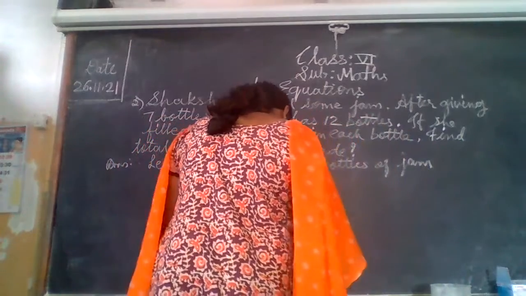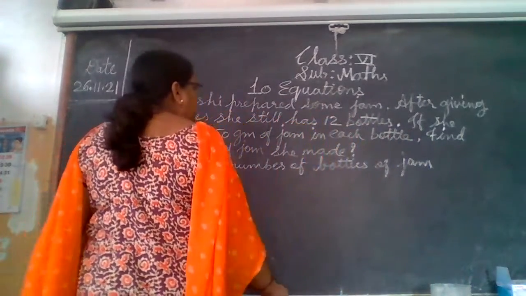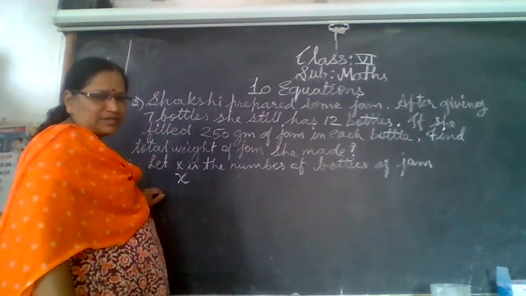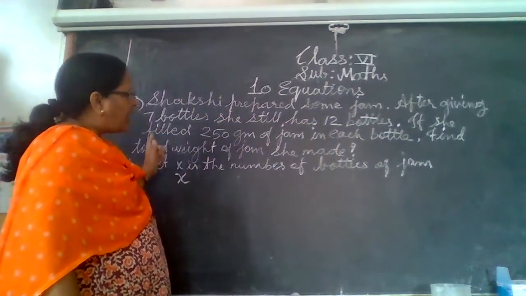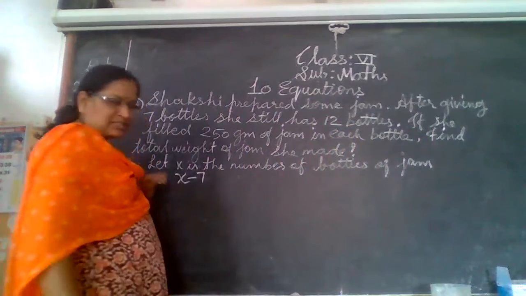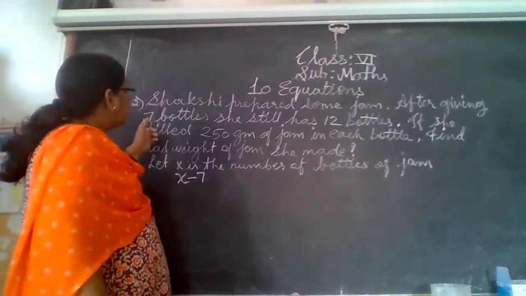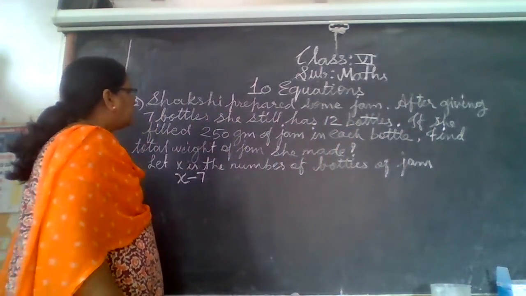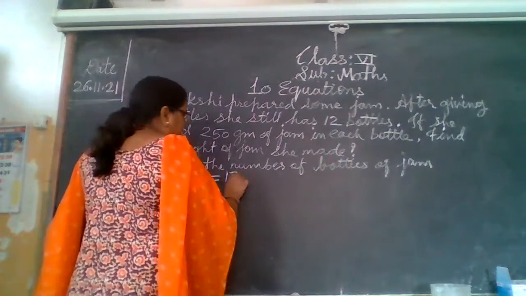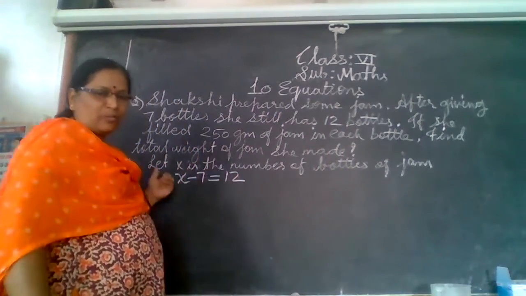Now see children how the equation is formed. x is the total number of bottles she made. After giving 7 bottles, we have to subtract 7 from here. She left 12. Left means equals 12. And x is the total number of bottles.